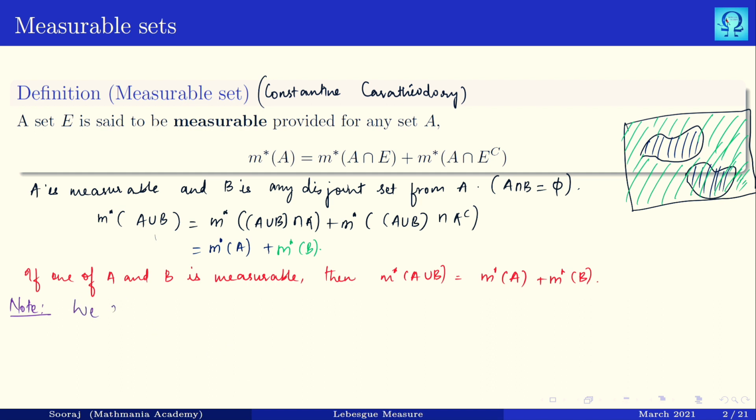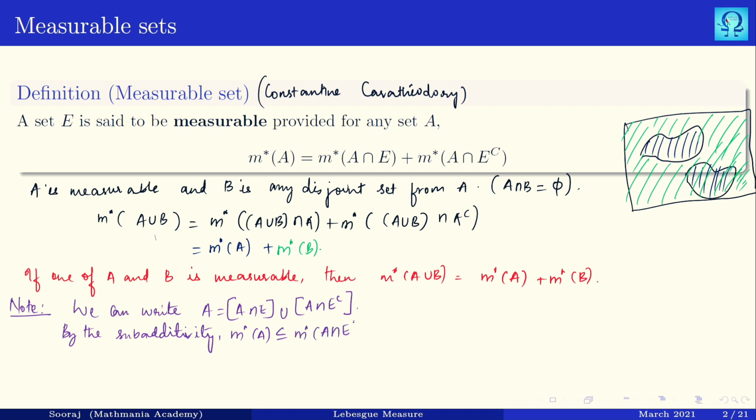Next we are going to make a note here. We can write A as A intersection E union A intersection E complement. By subadditivity, it clearly follows that m star of A is smaller than or equal to m star of A intersection E plus m star of A intersection E complement.